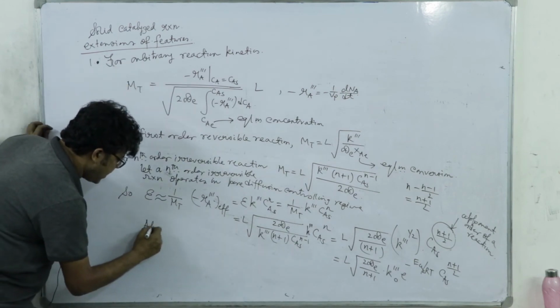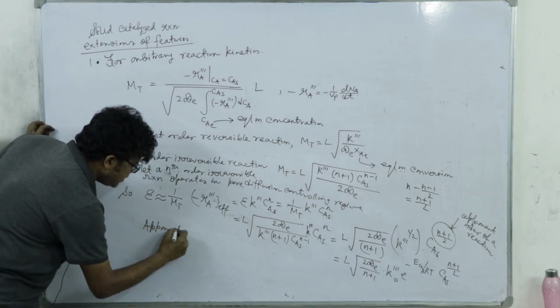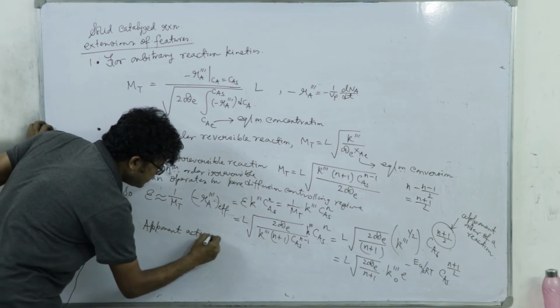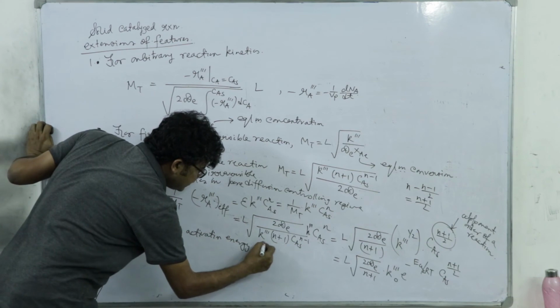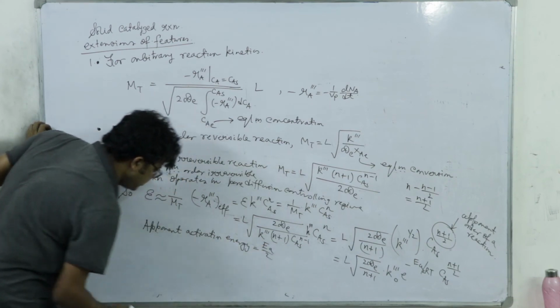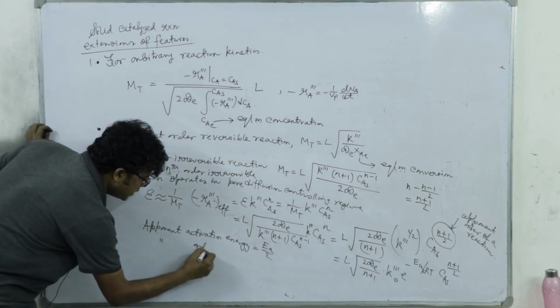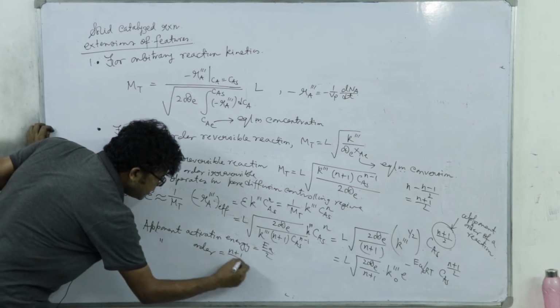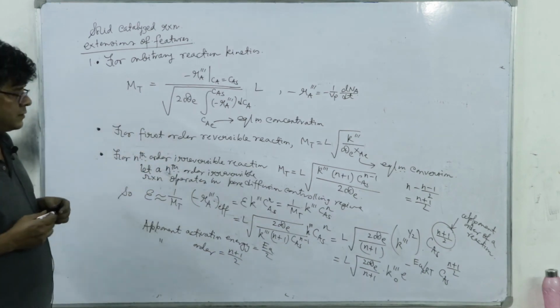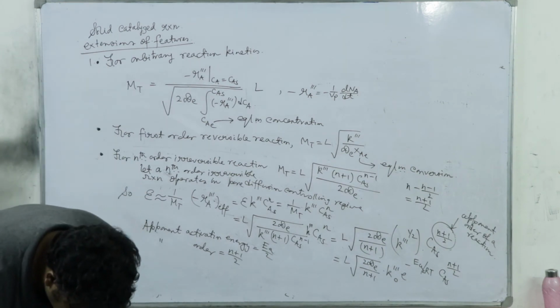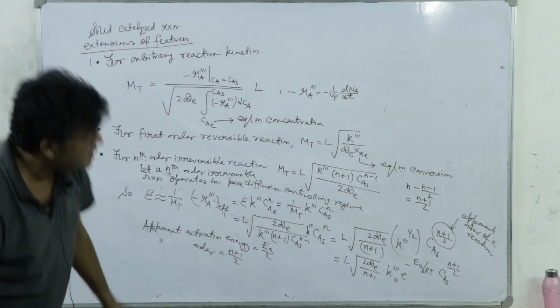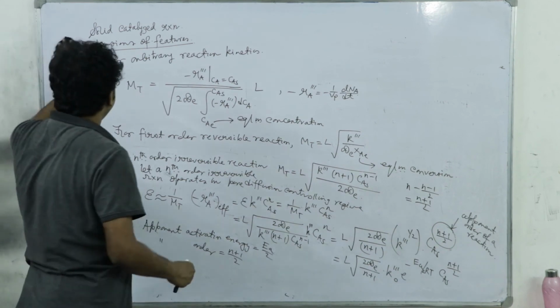So the apparent activation energy is the original energy by 2, and the apparent order is n plus 1 by 2. These are the peculiar observations in the case of an nth order irreversible reaction taking place in the strong pore diffusion regime.